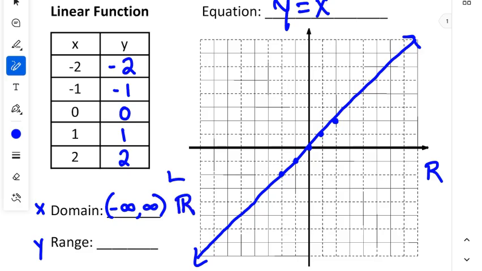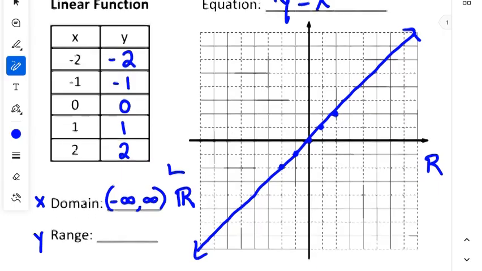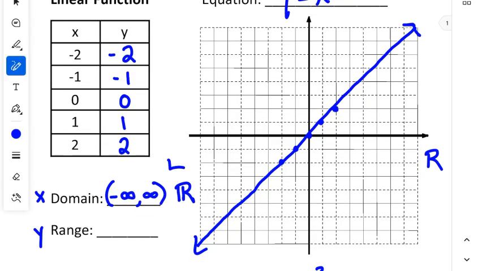Or we could say all real numbers. And then range is bottom to top, how far down and how far up. Yeah, it's negative infinity to positive infinity, because we have an arrow going down to forever and an arrow going up to forever. Or all real numbers.